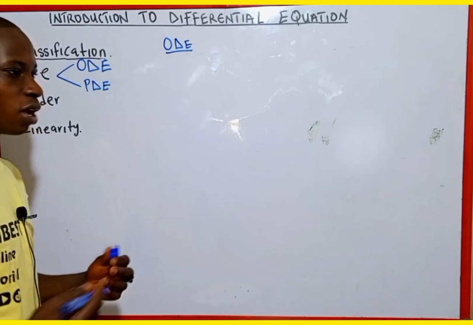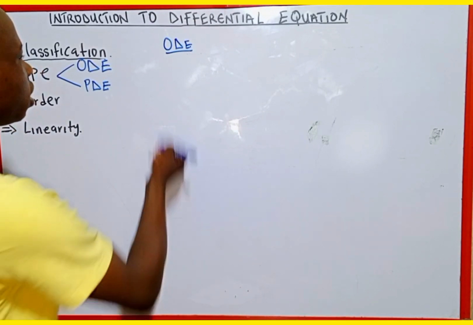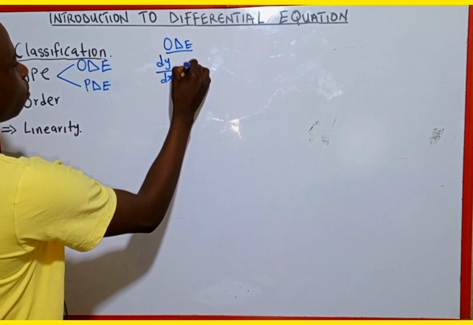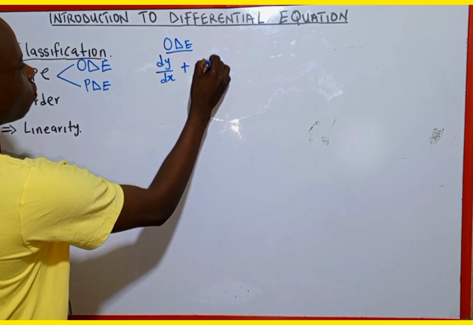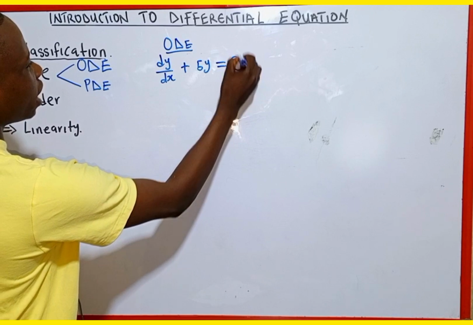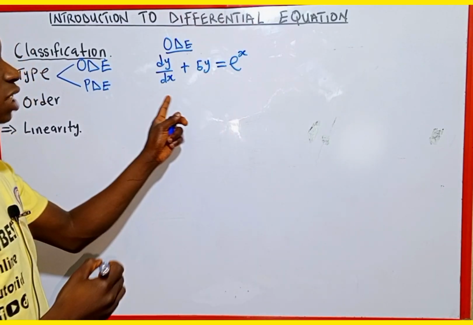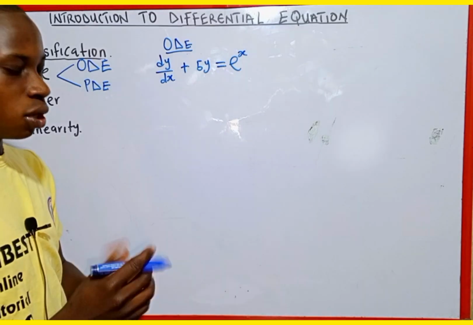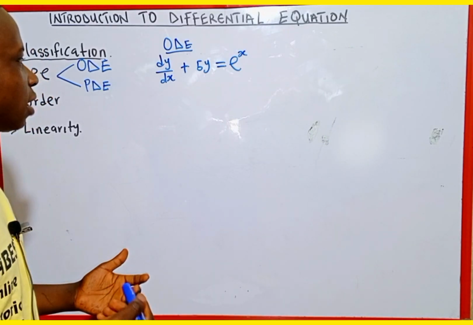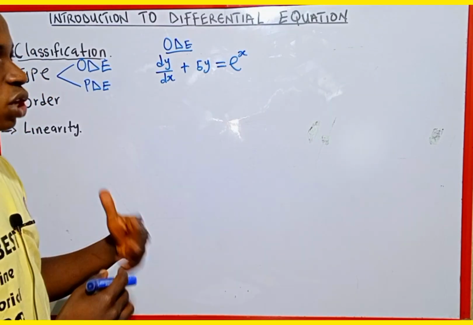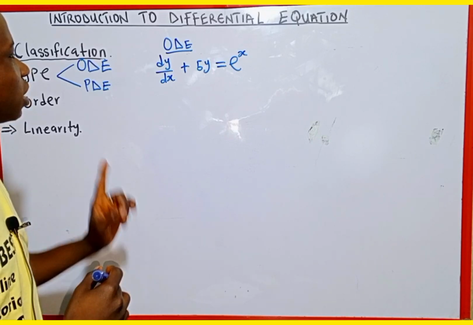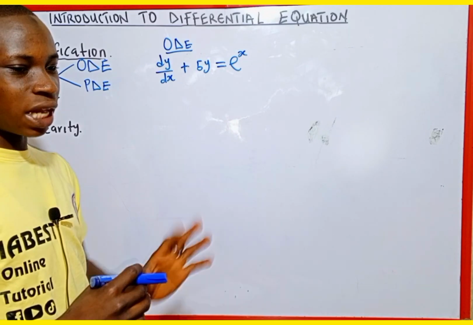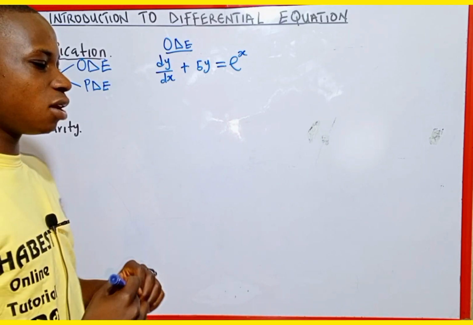For example, when you have a differential equation in the form dy over dx plus 5y is equal to e to the power x. This is an example of an ordinary differential equation, because from the definition, an ordinary differential equation is an equation containing one or more dependent variables with respect to a single independent variable.